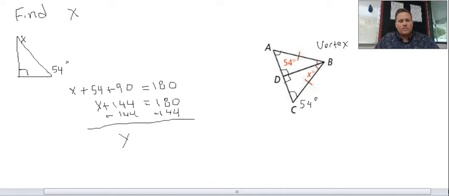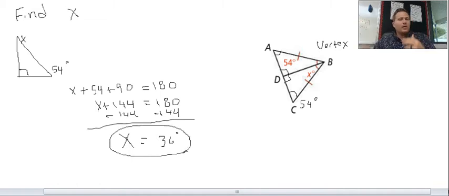And this is going to leave me x, and 180 minus 144 is 36. So I get x equals 36 degrees. That'll be my final answer. So remember, I got to know all these theorems in order to figure out how the angles are the same, and that when it bisects an isosceles triangle, it forms perpendicular angles at my base. So it's important that we remember all those theorems.